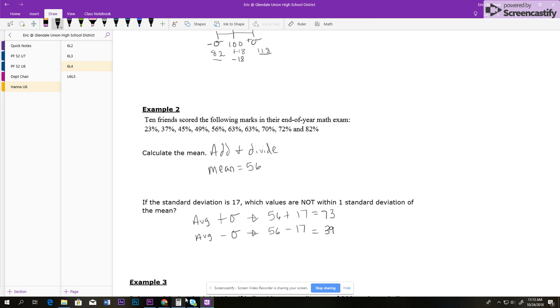We need numbers not within 73 and 39, because that is 1 standard deviation. So 82 is the only one above, and anything lower than 39, so that's 37 and 23. So 23, 37, and 82 are not within 1 standard deviation from the mean.